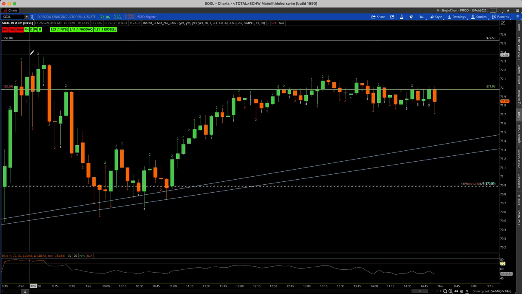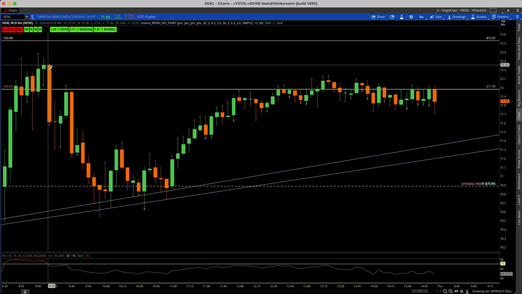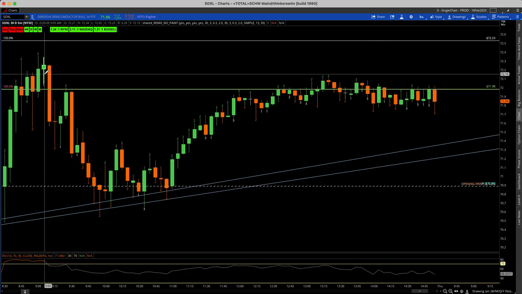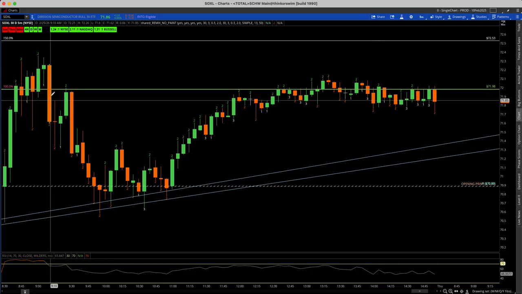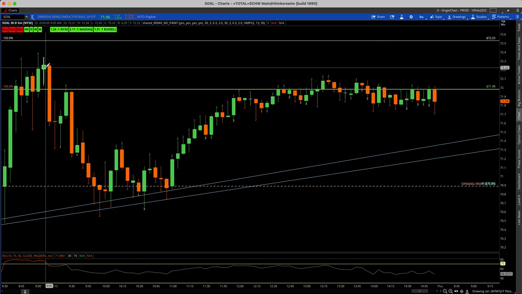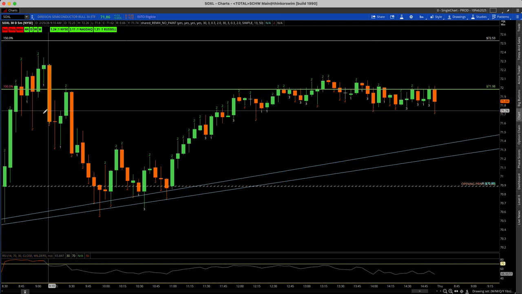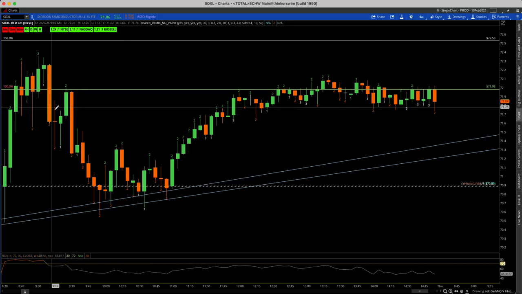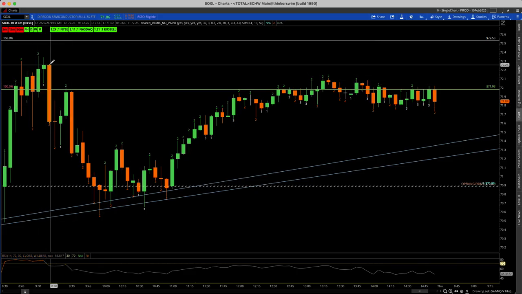We push up, we make the higher high, things are looking good, but then we have a big candle to the downside, right? And basically we're looking for a higher low at that point. If we want to continue to the upside, we made the higher high, we need the higher low.